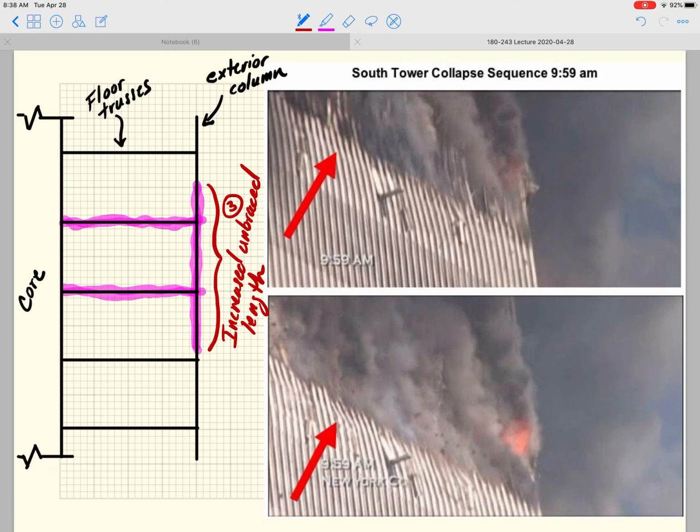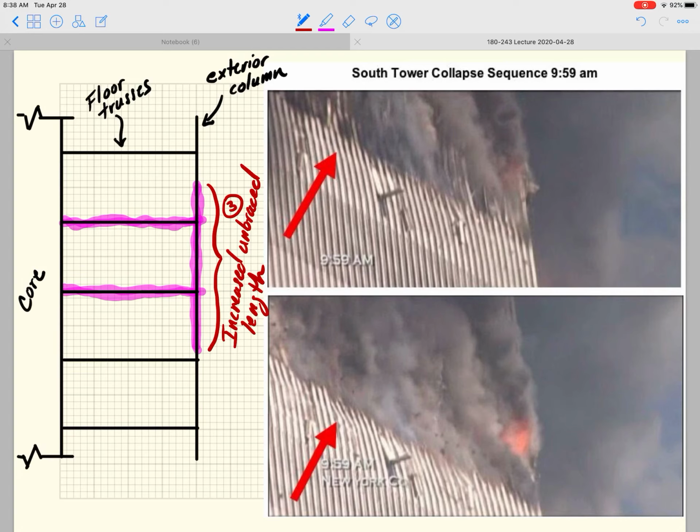So I've removed those lateral supports, and the columns that were not cut, right, but were just adjacent to this, they now have a longer unbraced length, right? So if you think about, you know, like when you're out at a diner and you have a drinking straw, if you push on either end of the drinking straw, that straw is going to kick out to the side. That's what we know as buckling, right?